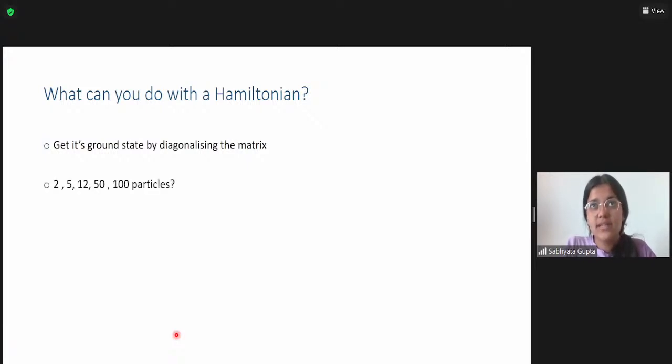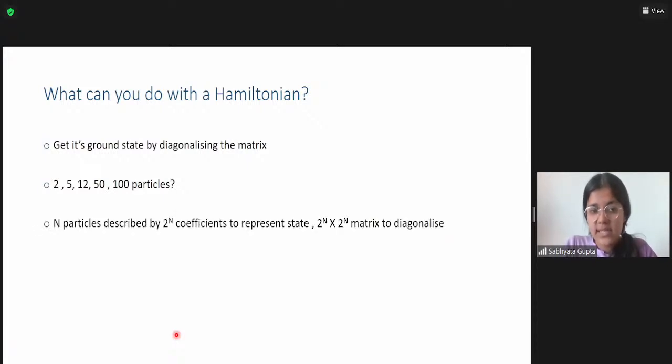If I tell you to diagonalize the matrix for a two-particle system, you can do it by hand. 4 particles, no problem at all. But as the number of particles scale, the Hamiltonian size increases. For an n-particle system, we need 2^n coefficients to represent the state effectively. And the matrix that we will need to diagonalize is something which we cannot do analytically.